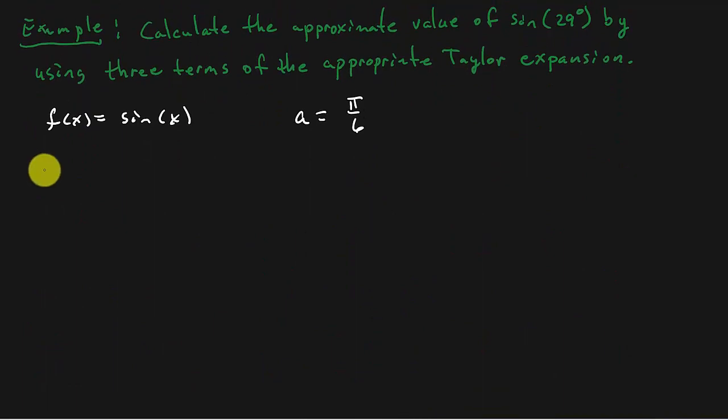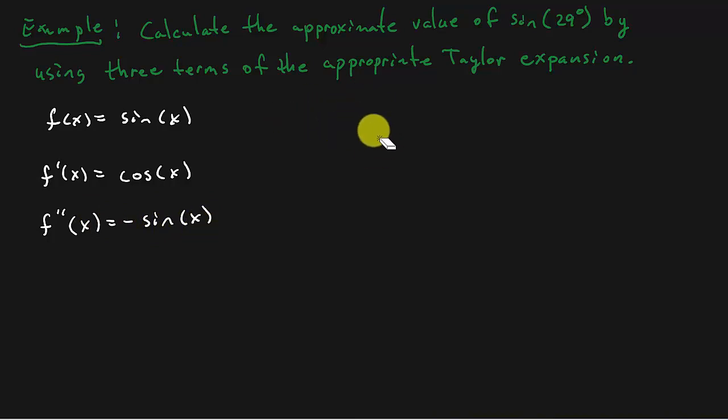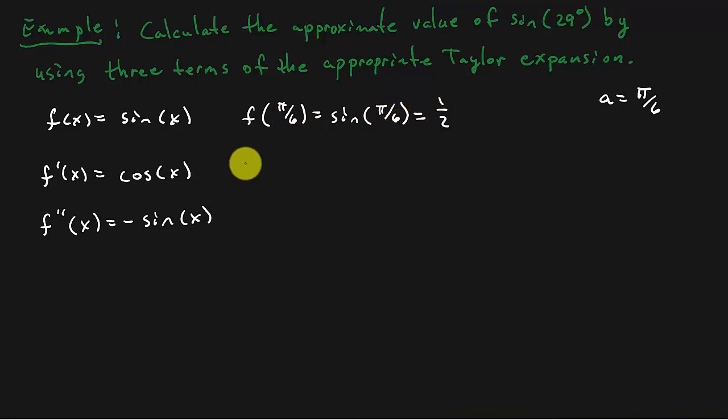All right, so I've got, let's see, f prime of x is equal to, well, that's cosine x, and f double prime x is equal to negative sine x. All right, so there we have it. And let me move this over a little bit. We've got a is equal to pi over 6. And so I have f of pi over 6 is equal to the sine of pi over 6, which is 1/2.